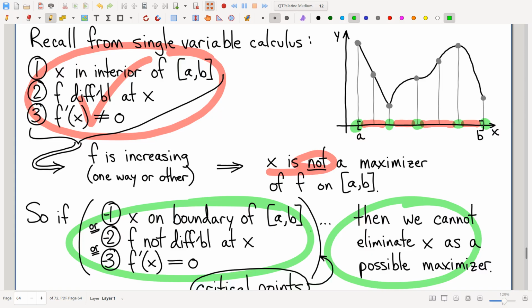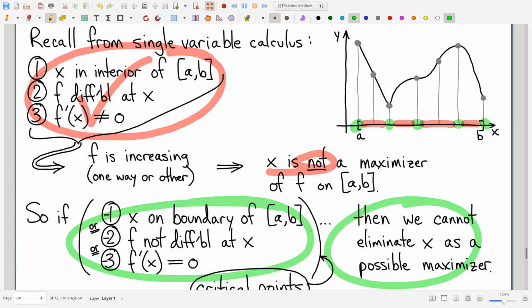Most importantly, from a philosophical point of view, what we are actively doing here is eliminating candidates. That's what we know. When I identify one of these points in the red, I know for sure that's not what I'm looking for. When I identify a point that's in the green, I don't know. All I can say about points in the green areas is that my argument fails, and maybe it's what I'm looking for, maybe not.